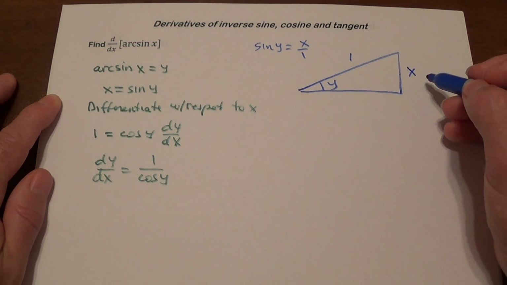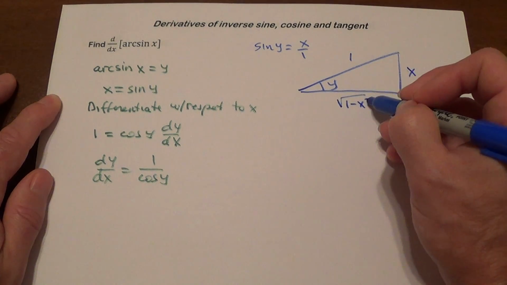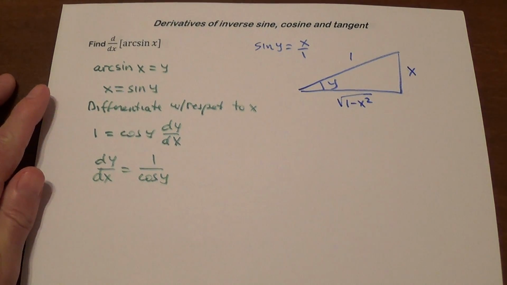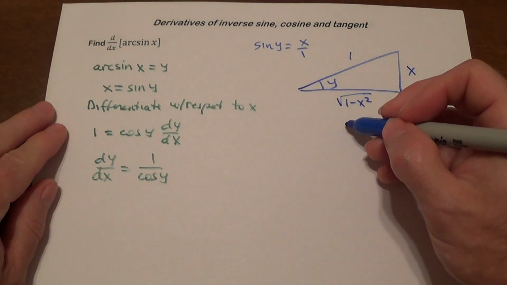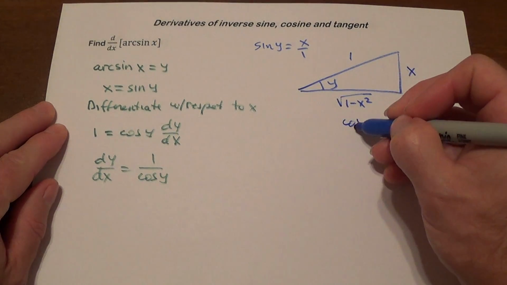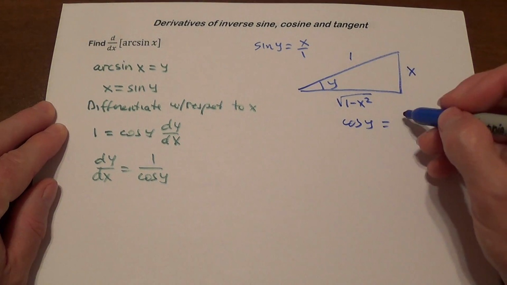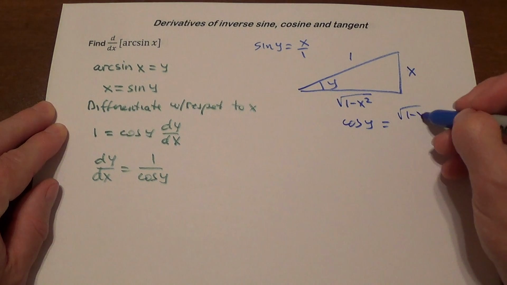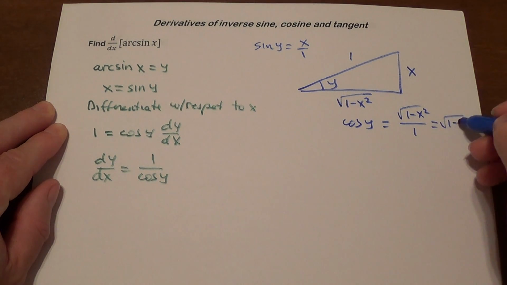Then by using the Pythagorean theorem, this side here is going to be square root of 1 minus x squared. And if you want to figure out cosine y, that's going to be adjacent over the hypotenuse, which is square root of 1 minus x squared over 1, or simply square root of 1 minus x squared.